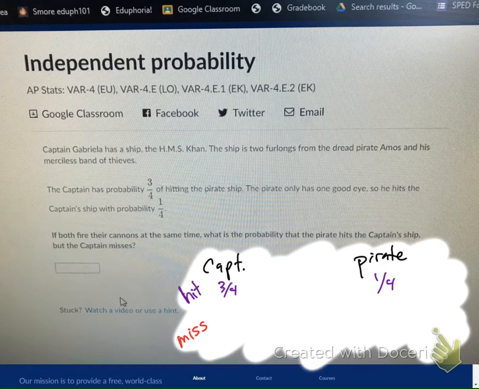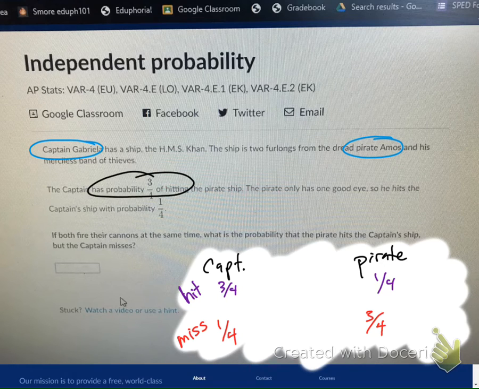So if 3 out of 4 times he hits, whatever's left, that 1 out of 4, is whatever they miss. So 3 out of 4 hits means 1 out of 4 is what's left to miss. And the pirate's going to be the opposite. If he only hits 1 out of 4 times, then that means he missed the other 3 out of the 4 times. All right, so we've got all of our information for our setup that told us what 2 people were going to be involved. We've got our data set up from how much they're going to hit.